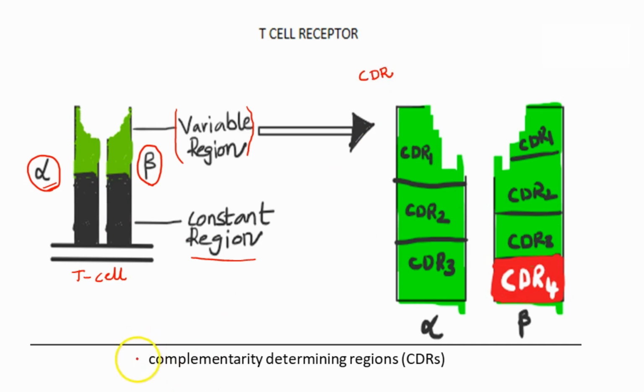The alpha part has 3, that is complementarity determining regions 1, 2 and 3. Whereas the beta side has, along with 1, 2 and 3, one more complementarity determining region, that is CDR4. And this CDR4 has significance in case of superantigens. What is the significance? You will know it soon.